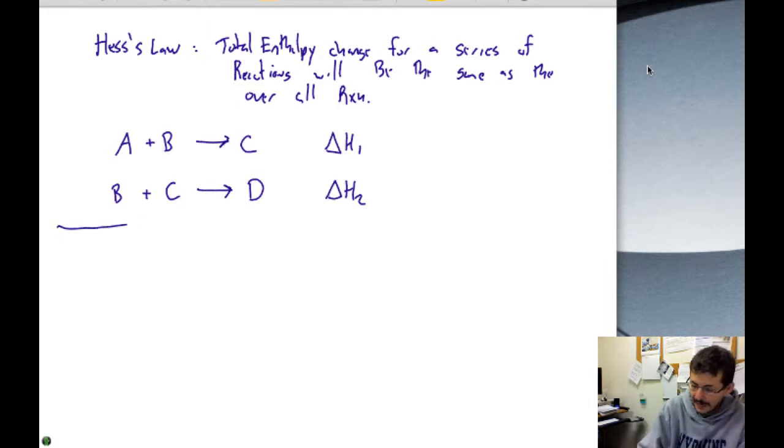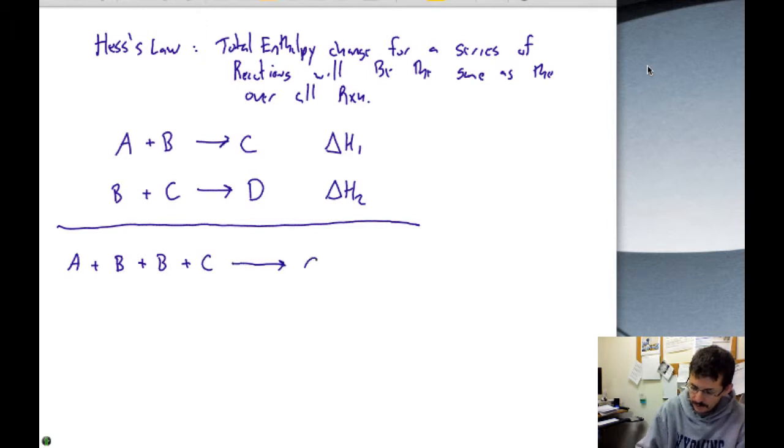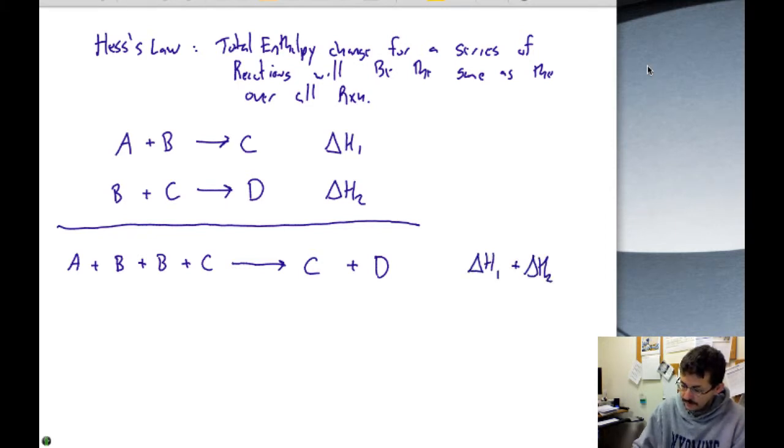If you were to add these two reactions together, you would get A plus B plus B plus C going to C plus D. The sum of the enthalpies, H1 and H2, would be equal to this overall reaction.